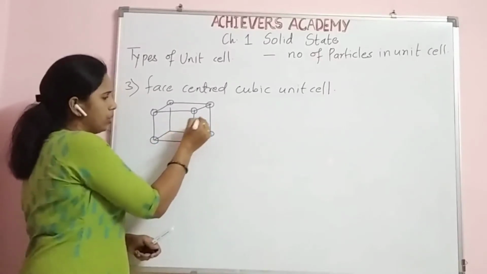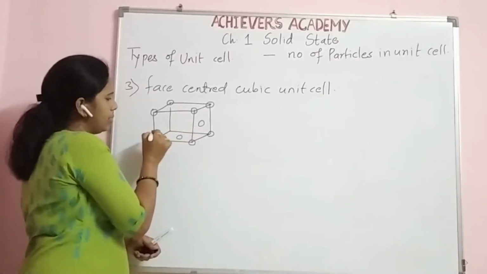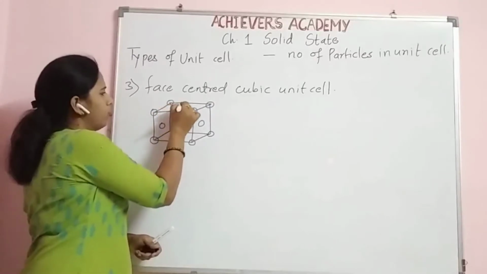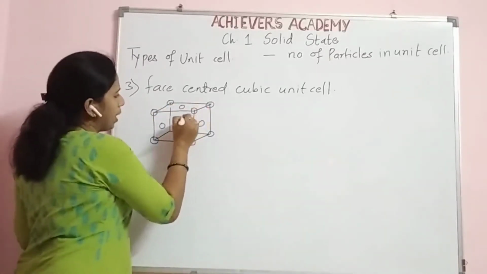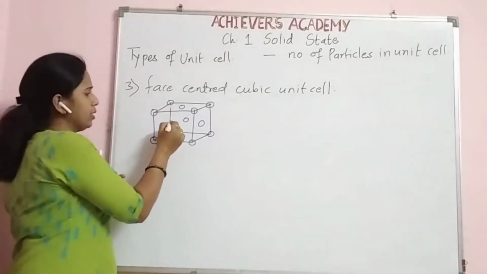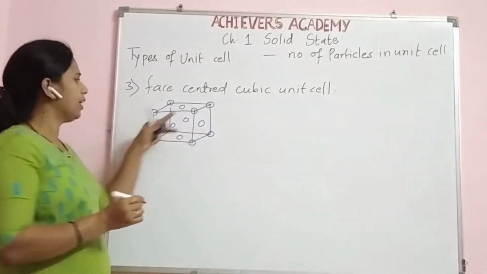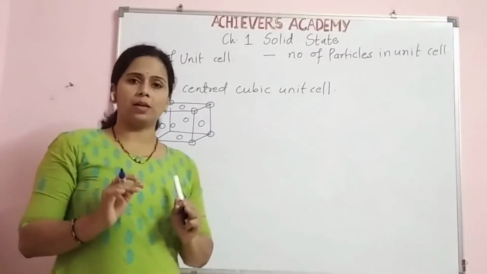This is the first face, first particle, then the second, third, then the fourth particle, 4 faces, as well as the face behind and the face in front. So in total we have shown 6 particles, one at each face.